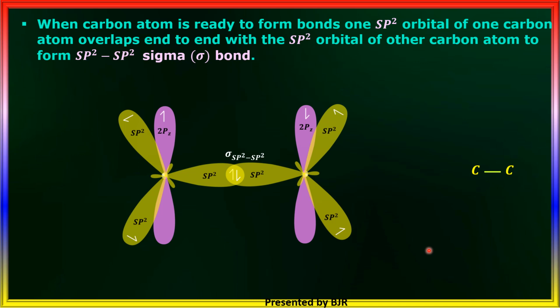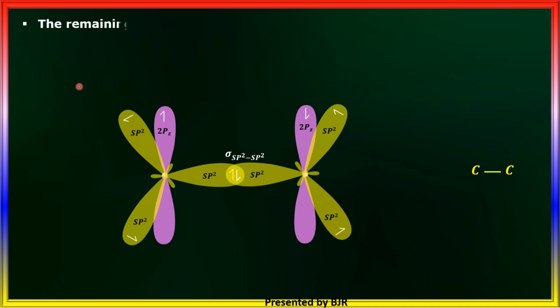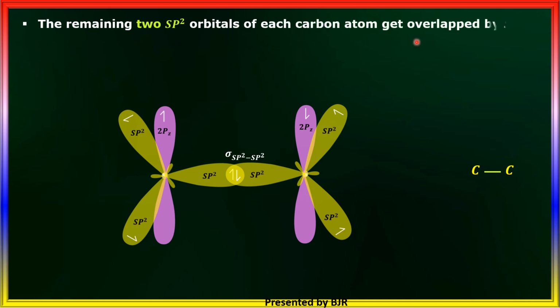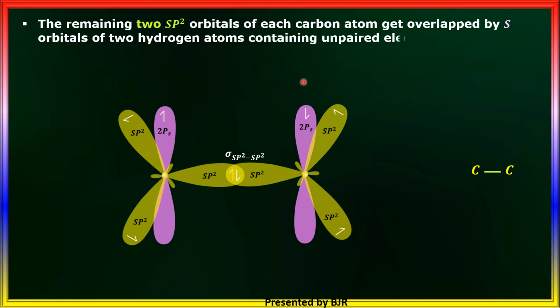Okay, next, the remaining two sp2 orbitals of each carbon atom get overlapped by s orbitals of two hydrogen atoms containing unpaired electrons. See here, one sp2 orbital has formed bond, and the remaining two sp2 orbitals overlap with two s orbitals of two hydrogen atoms.